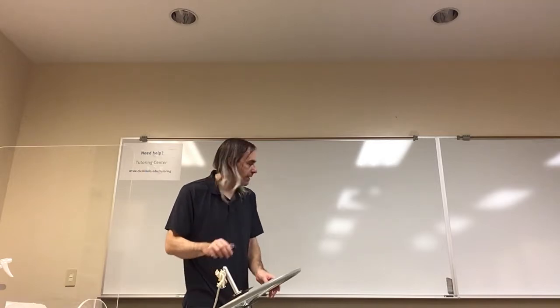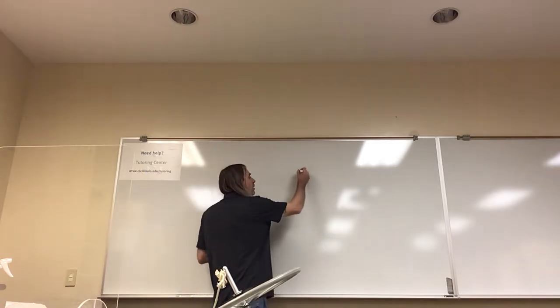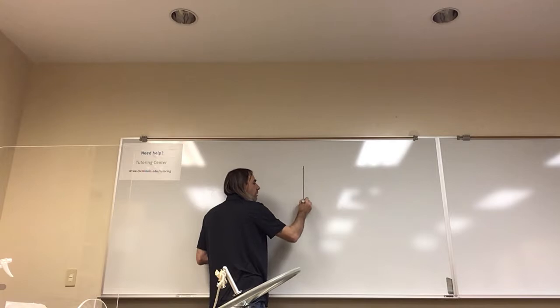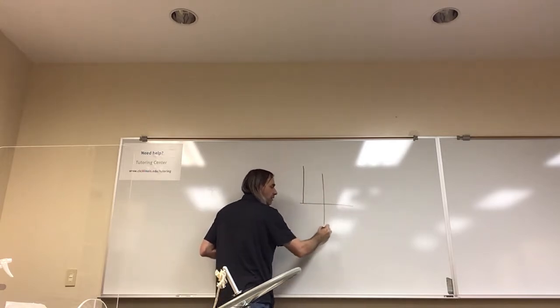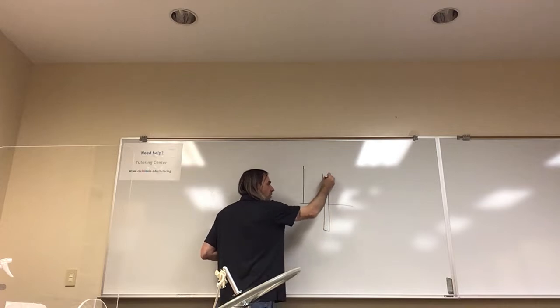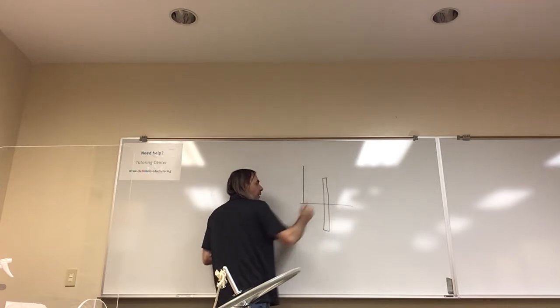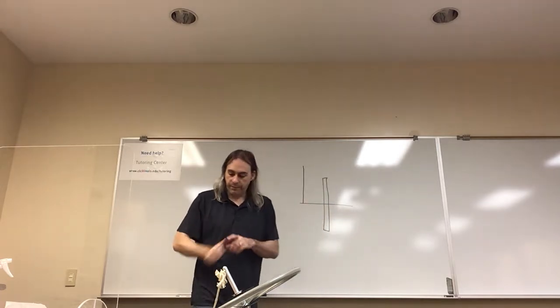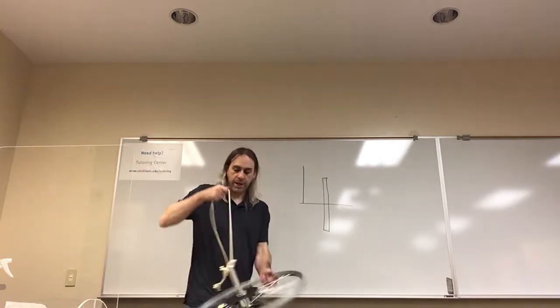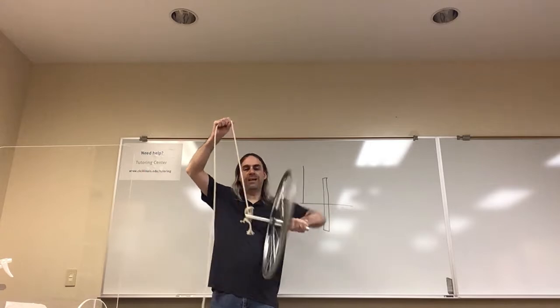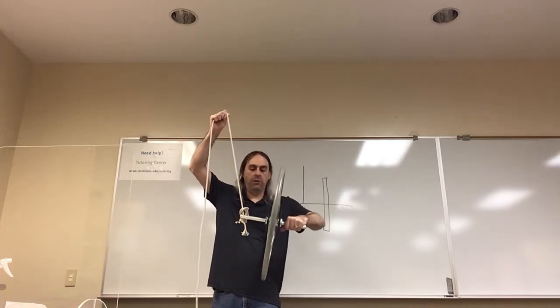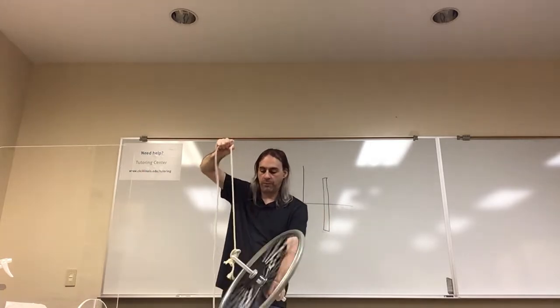The string is going to be on this side, and then we have our axis here. From this perspective that you're looking at it, I'm spinning it this way, so the top of the wheel is moving towards you, the bottom is moving away from you.